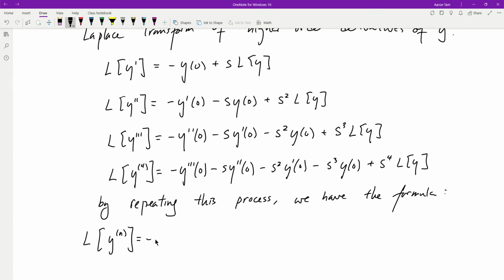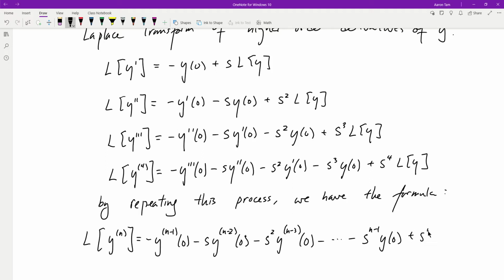That would equal negative y to the n minus 1 derivative at 0 minus s times y to the n minus 2 derivative at 0 minus s squared y to the n minus 3 derivative at 0 minus, that pattern continues until we get to s to the n minus 1 power times y of 0, plus s to the nth power Laplace transform of y.